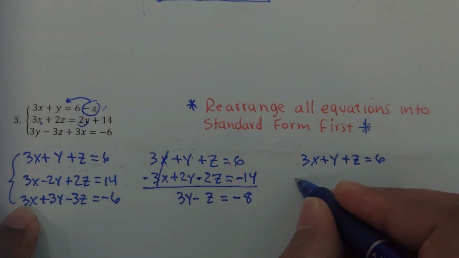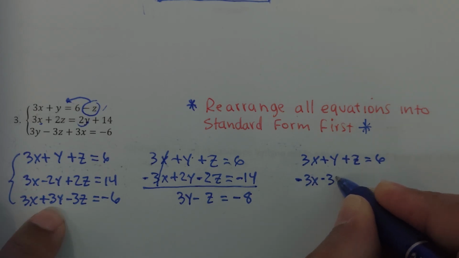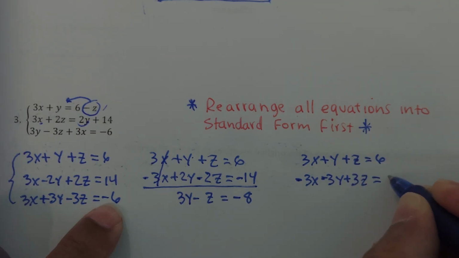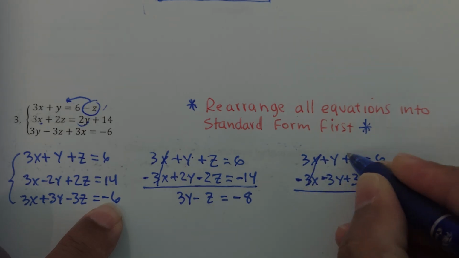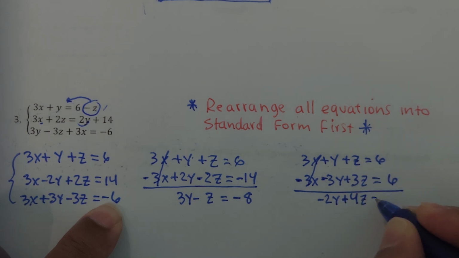So the x's become negative 3x, the y's become negative 3y, the z's change to positive 3z, and the negative 6 changes to positive 6. So again, the x's cancel, y minus 3y, that's negative 2y. z plus 3z, that's plus 4z, equals 6 plus 6, which is 12.